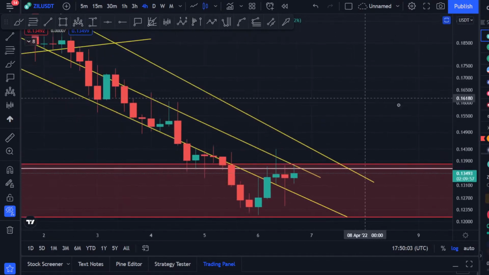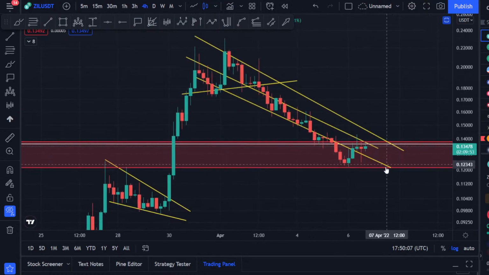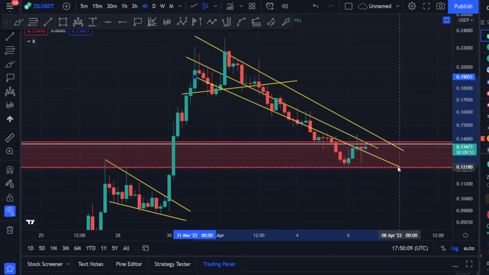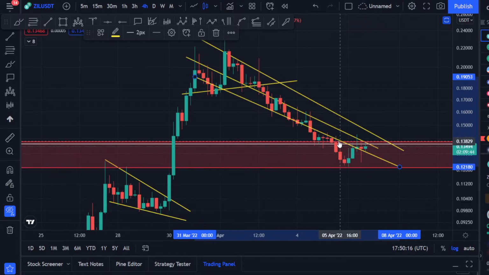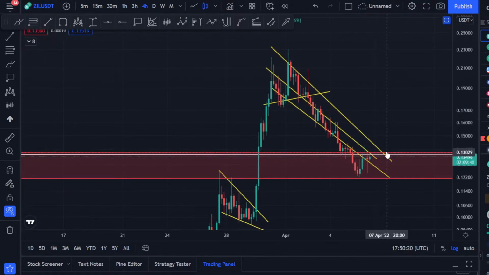So with Zilcoin, you can see I drew this pattern over here. We came down, we held support over here, and I told you that if we break this level, I had this level at 13 cents, it will come down and hold support at the 0.12157, and that's exactly what happened.